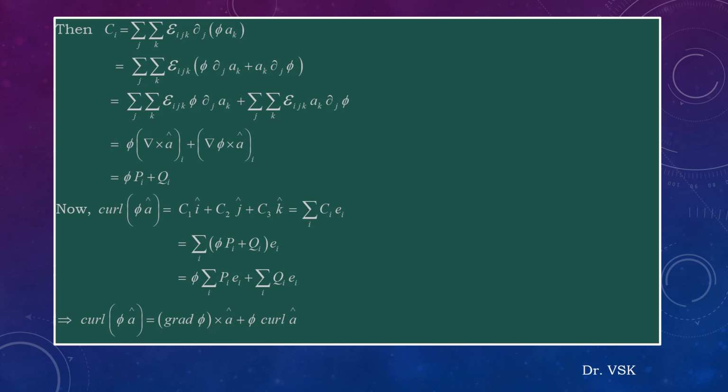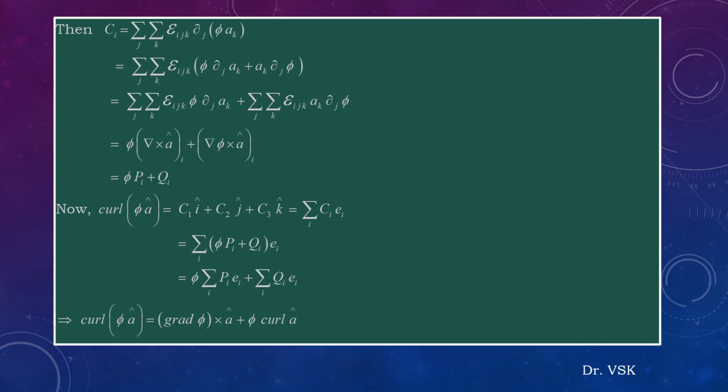The first part is sigma over j, sigma over k, epsilon suffix ijk phi dou j ak. From this first part, we can take out phi. Now coming to the second part, the second part of the equation is sigma over j, sigma over k, epsilon suffix ijk dou j phi ak.